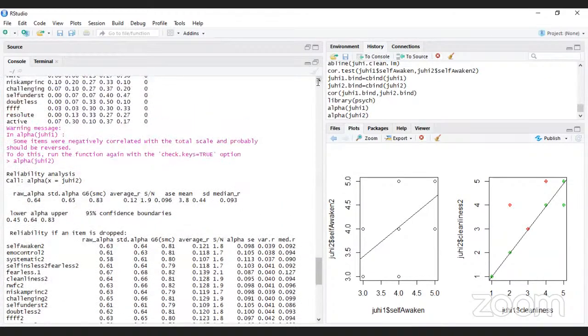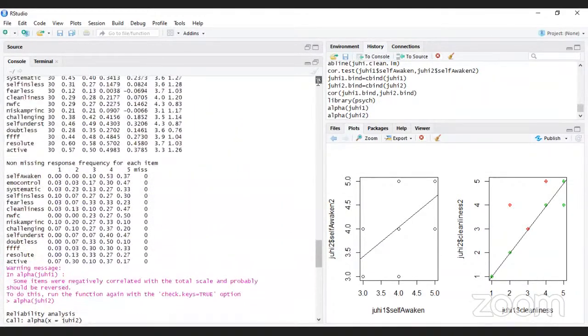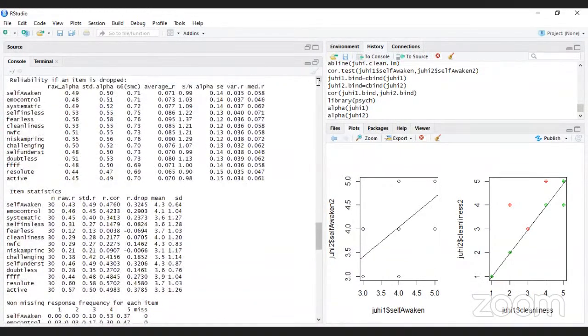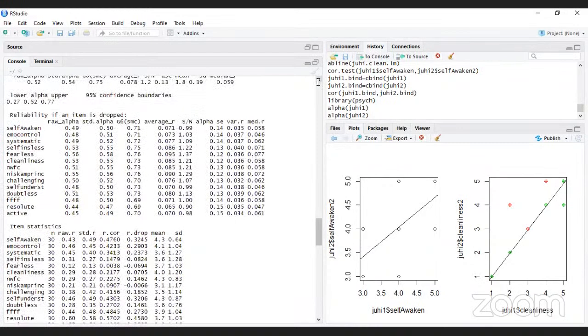However, that is not my purpose. Cronbach's alpha is not my purpose. For the Cronbach's alpha, I think a larger amount of data is also required. But this is a test-retest reliability. A larger amount of data is not required. 30 data is fine. Okay.